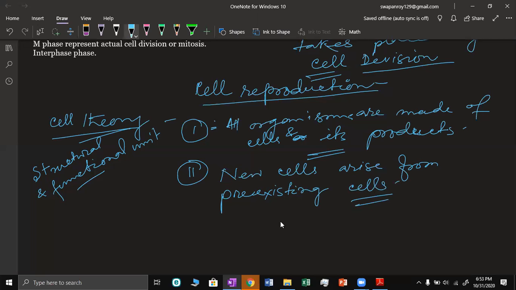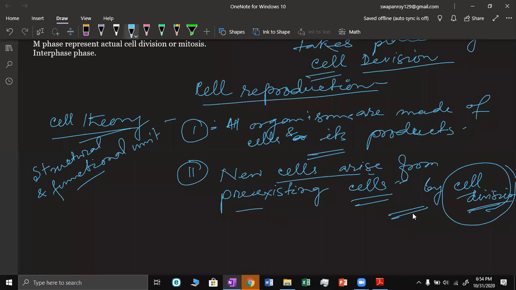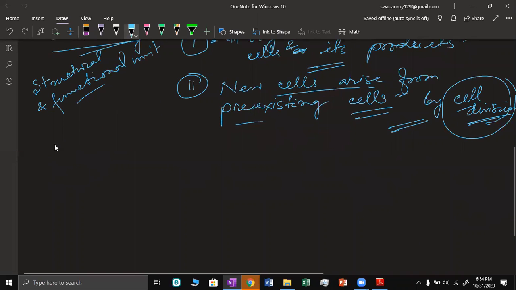New cells arise from the cell which already existed, and that happens by the division of that cell, by cell division. So new cells arise from the pre-existing one by cell division. So this cell division is very much the basis.